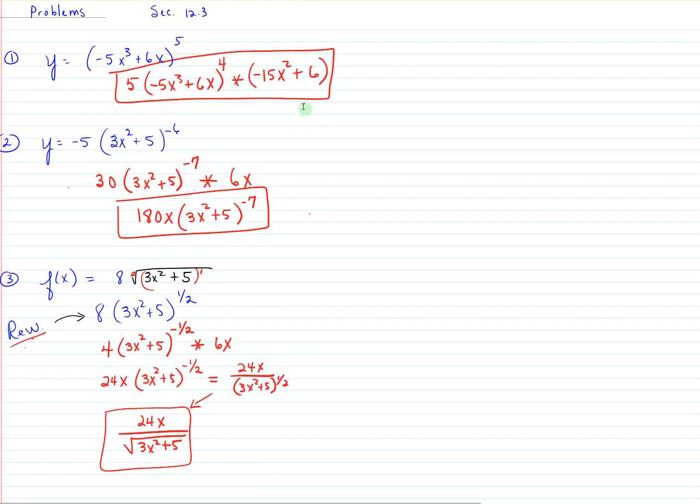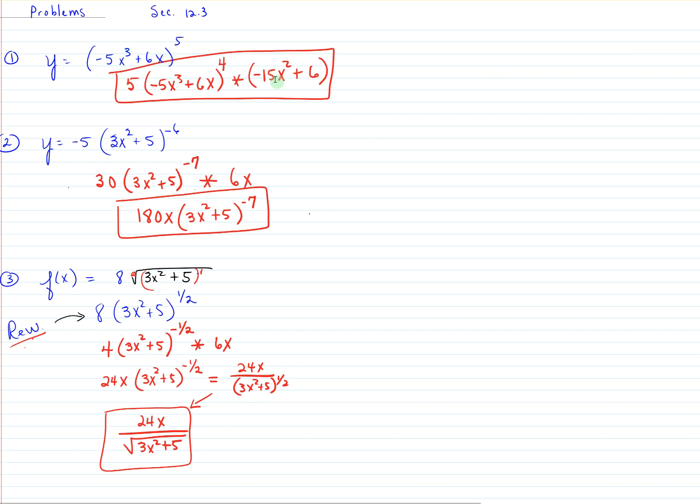All right, so the first problem, they're just asking you to take the derivatives. Y equals negative 5x to the third plus 6x, all of that to the fifth. So with our chain rule, 5 goes to the front, this exponent becomes a 4, and we're multiplying times the derivative here, which is negative 15x squared plus 6.